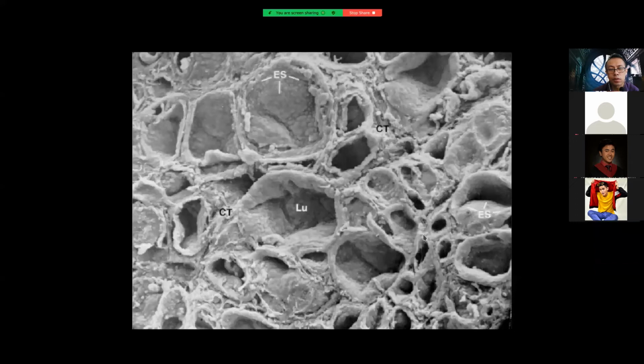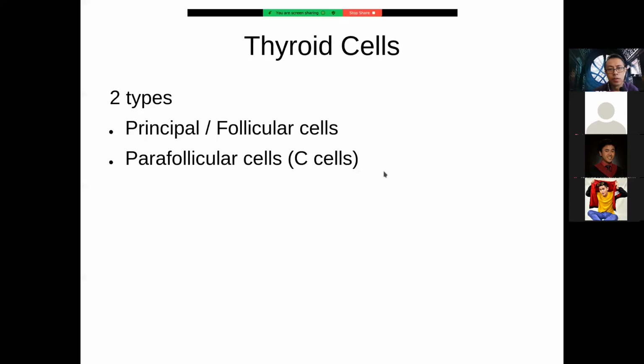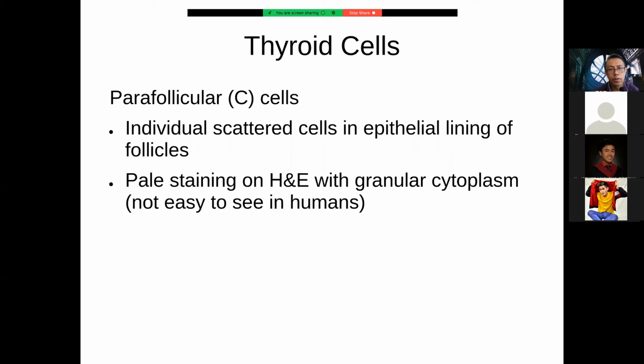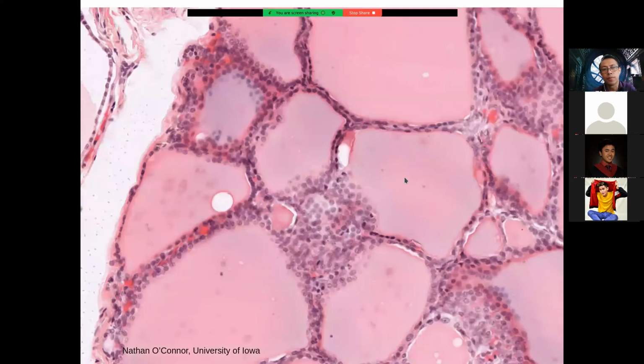So this is how it looks under the electron microscope. And you have those so-called C cells, or calcitonin-producing cells, on the outside of those follicles. They are paler staining compared to the usual follicle cells, very difficult to see.